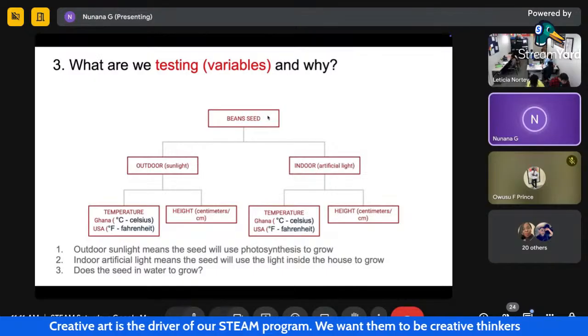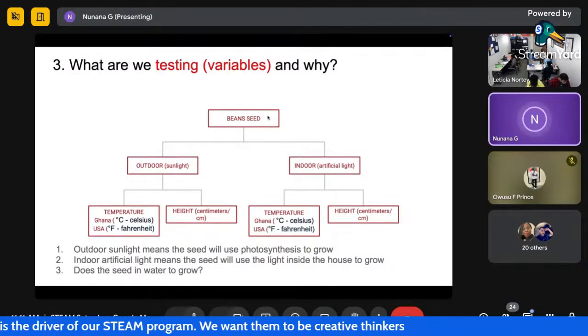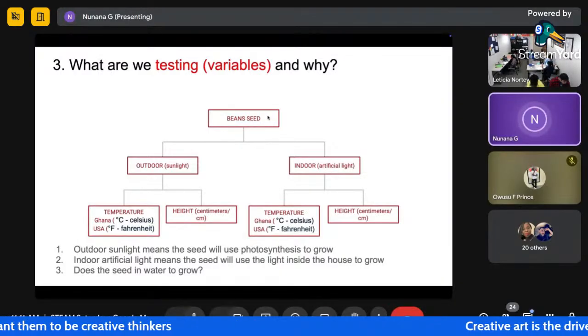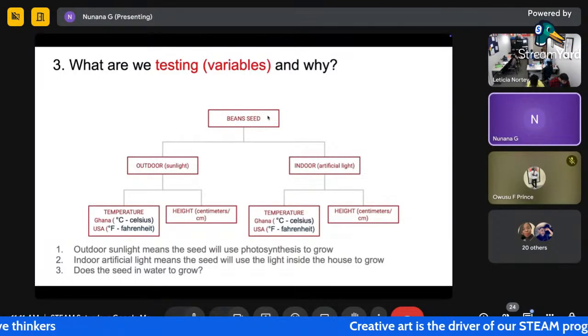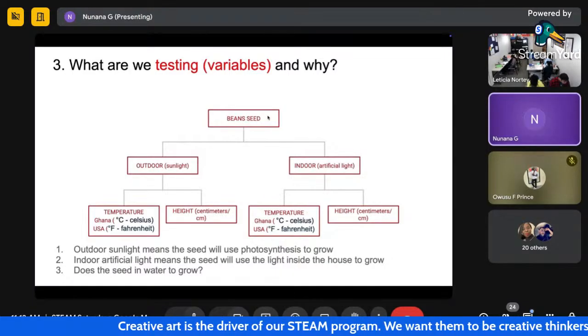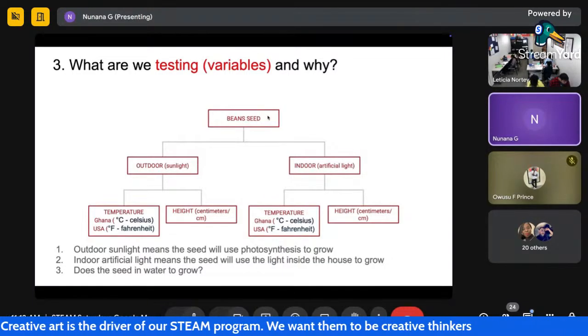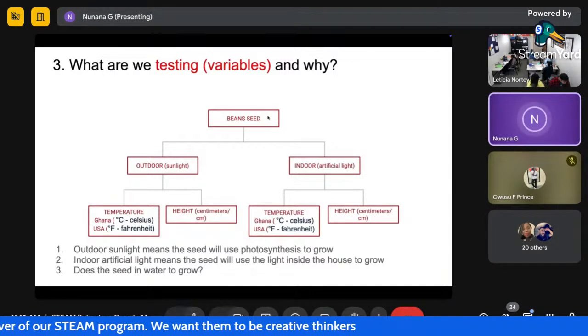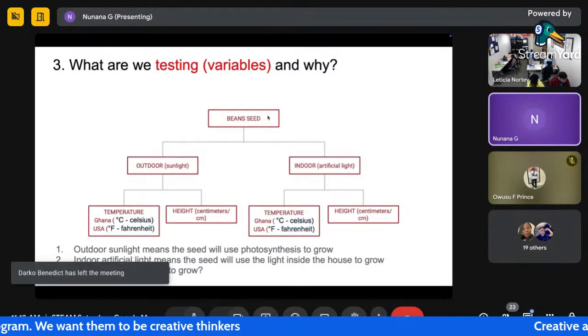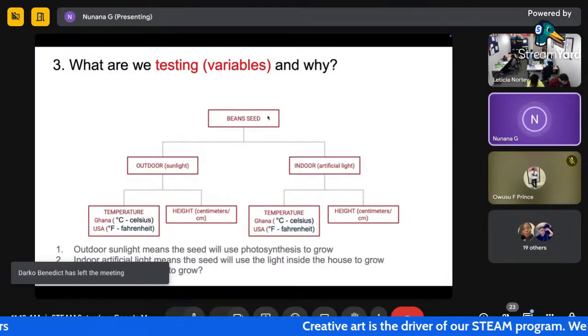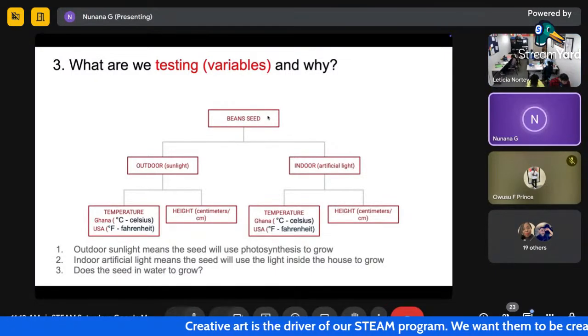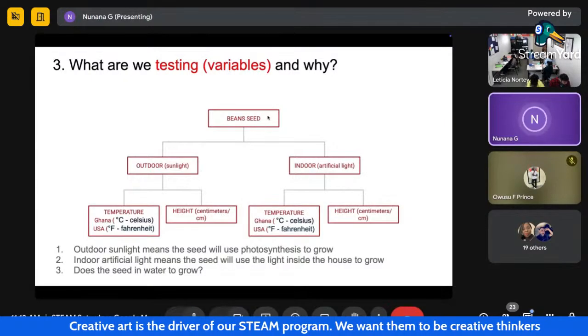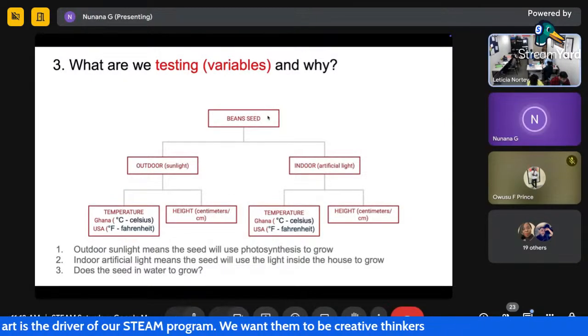How are you going to take the temperature? Hopefully, you can use a thermometer to measure the temperature inside your house. Outside the house, you can use the weather map to get the temperature every day. You are going to measure how the seed is growing in centimeters. Does that make sense?